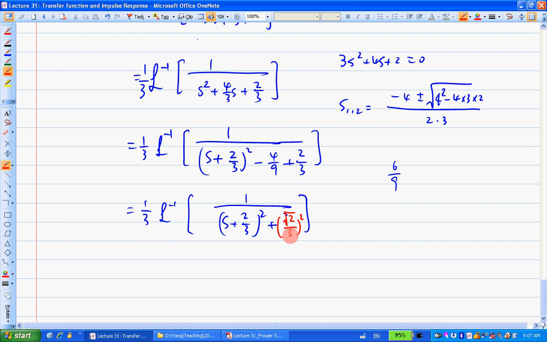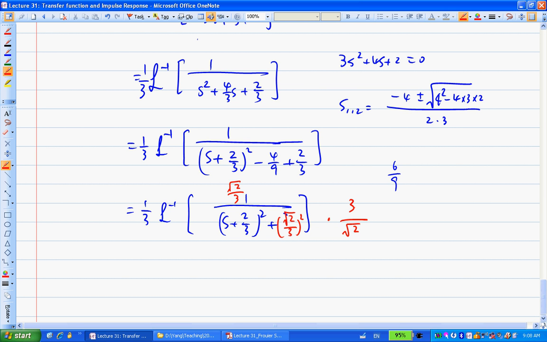Okay, so this is root 2 over 3 squared, and I think I need a root 2 over 3 on the numerator in order to use the Laplace table. But if I put the root 2 over 3 here, then I have to cancel that out somewhere else.